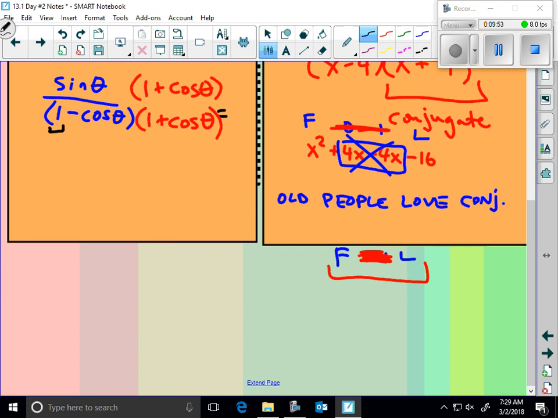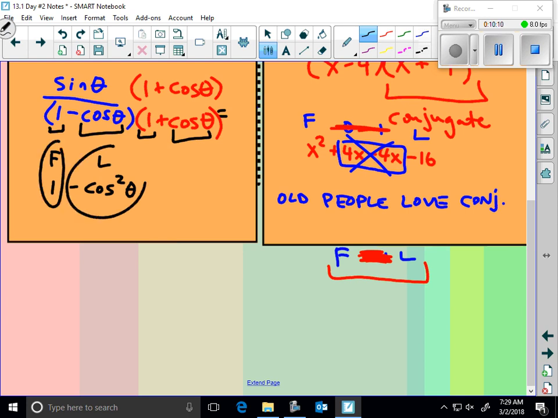That means first times first. First times first is 1. And last times last, well, that would be negative cosine squared theta. So for my first, I got 1. For my last, I got negative cosine squared theta. I don't need to do outside inside because they are conjugates.